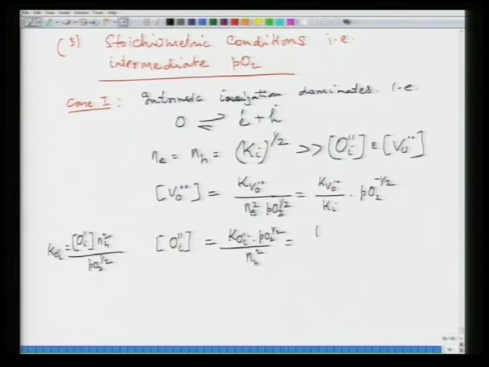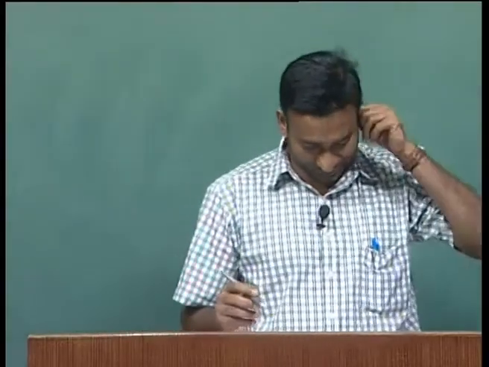So, this becomes KOI divided by Ki into PO to the power plus half. In this region the VO and OI concentrations will be lower than Ne and NH concentrations, but they will change as PO to the power minus half in case of oxygen vacancy, or PO to the power plus half in case of oxygen interstitials. So, this is case 1, when internal ionization dominates.